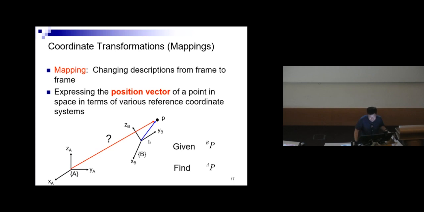If I have a point P with reference to this coordinate frame, I'm given BP, meaning the coordinate of this point is given with respect to frame B. I want to determine the same point with reference to coordinate A. So this is P, this is AP.